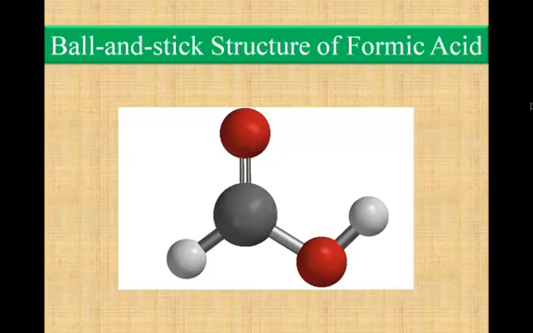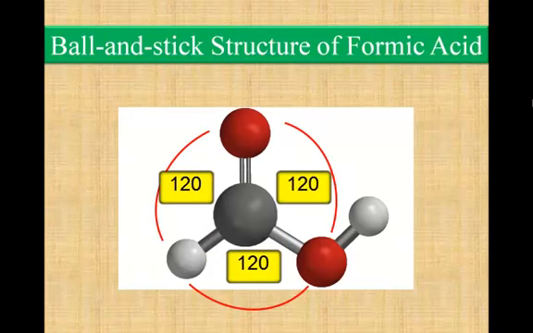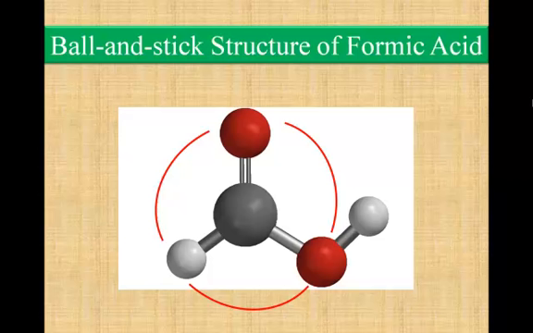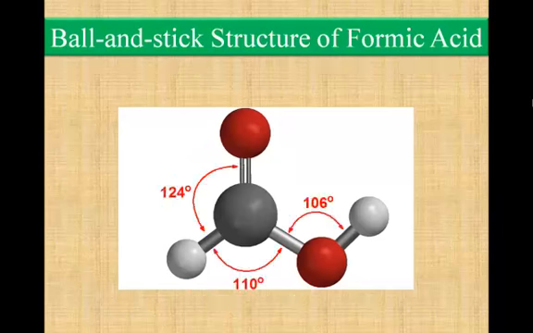This means that the carbonyl carbon has the trigonal planar geometry, and you may recall that the ideal bond angle for an atom that is trigonal planar is 120 degrees. You also may remember that when you're talking about heteroatoms with lone pairs of electrons, we usually don't see that idealized bond angle, and this is due to the repulsive forces of the lone pairs of electrons, in this case on the oxygen atom.